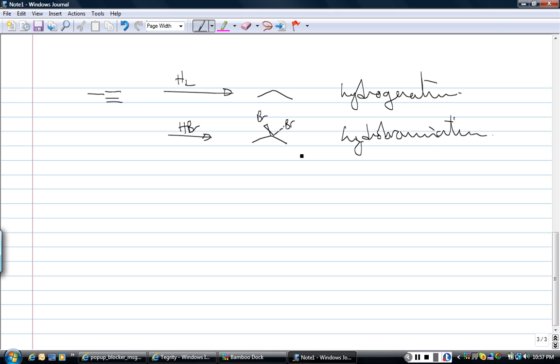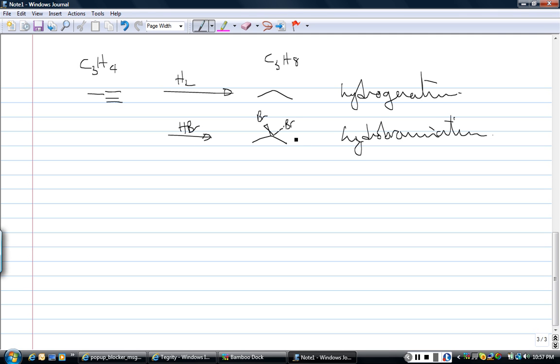In both of these reactions, you notice we destroyed both of the pi bonds. So I went from C3H4 to C3H8. I literally added 2 moles of H2 across the double bonds. One mole of H2 took care of one pi bond, another mole of H2 took care of another pi bond.